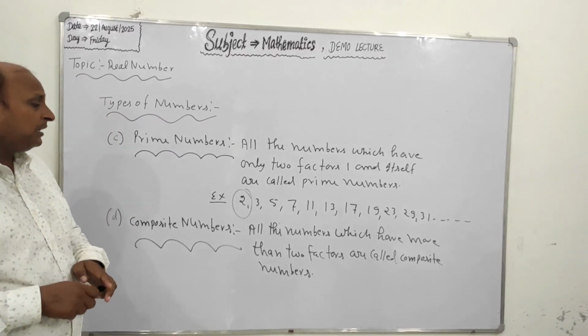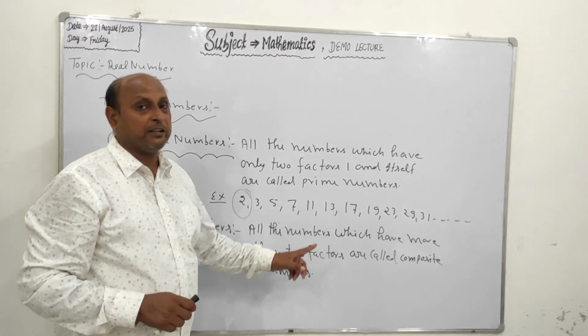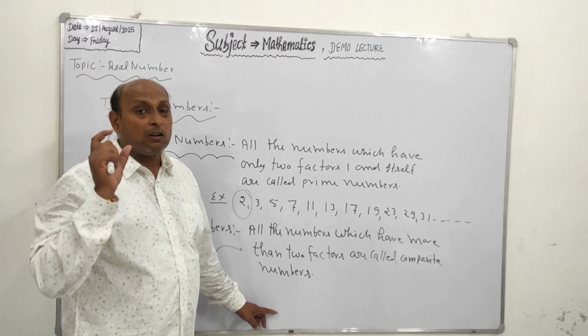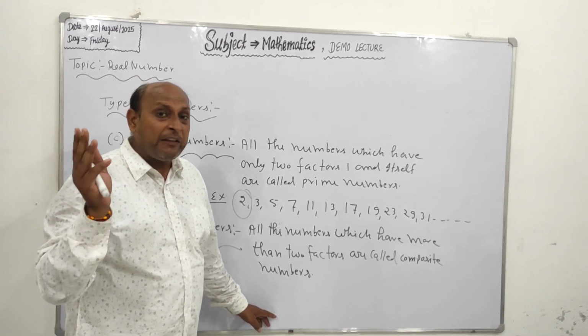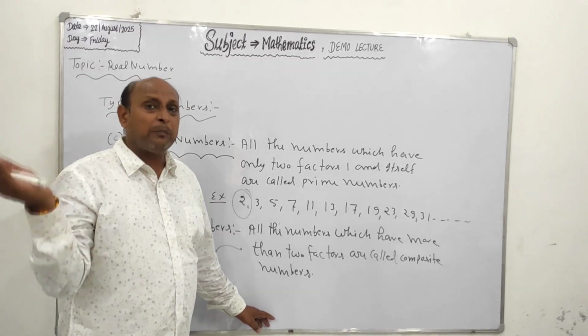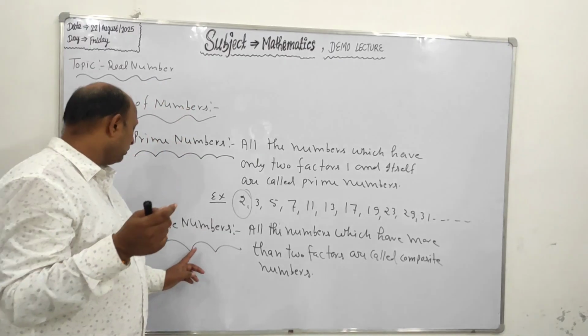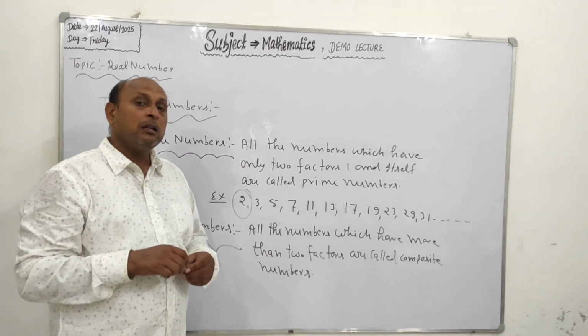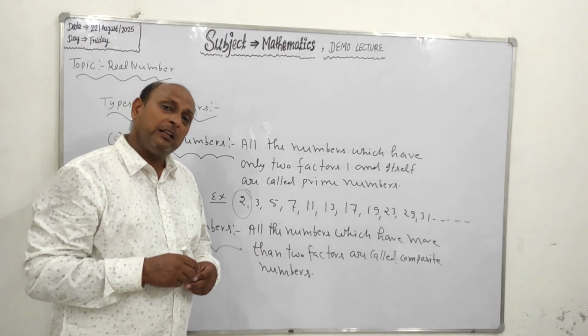Dear students, all the numbers which have more than 2 factors. In fact, all composite numbers are divisible by more than 2 numbers. So, these numbers are called composite numbers.